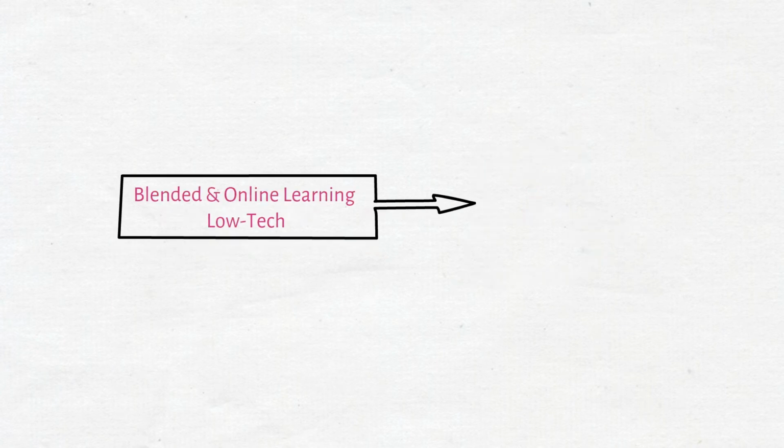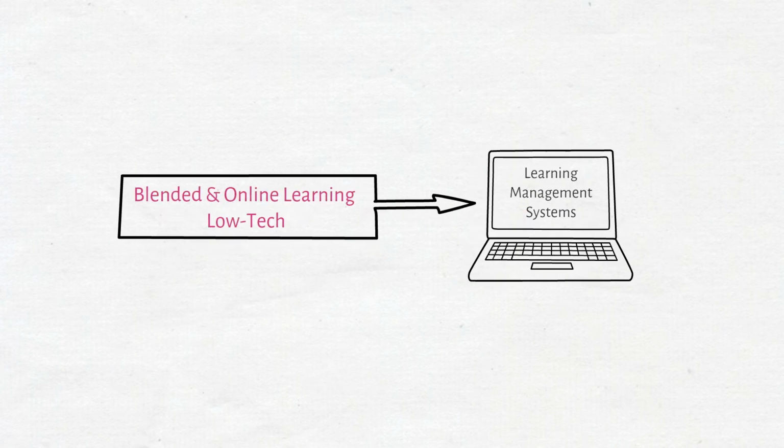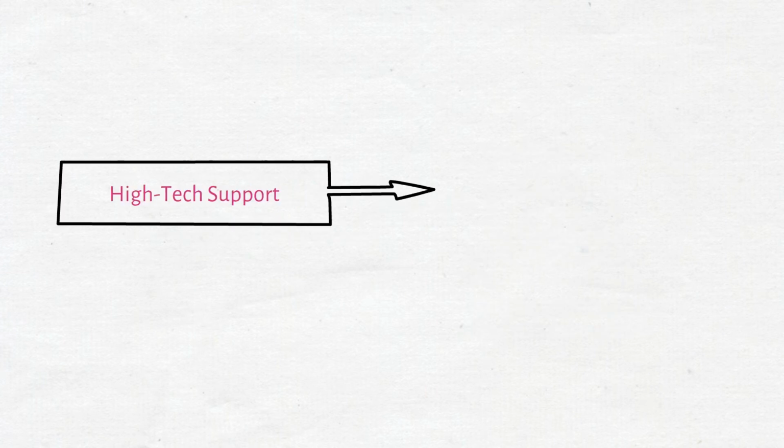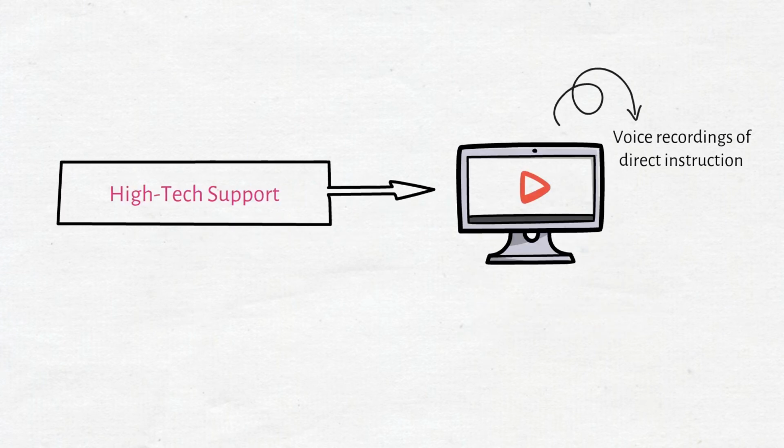In blended and online learning, low-tech options such as learning management systems are often utilized when providing digital versions of physical learning materials. High-tech support might include voice recordings of direct instruction that can be uploaded alongside digital learning materials.